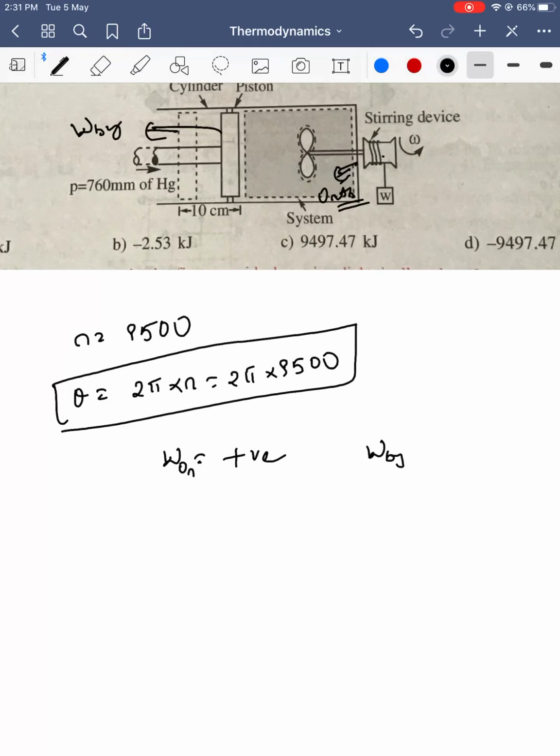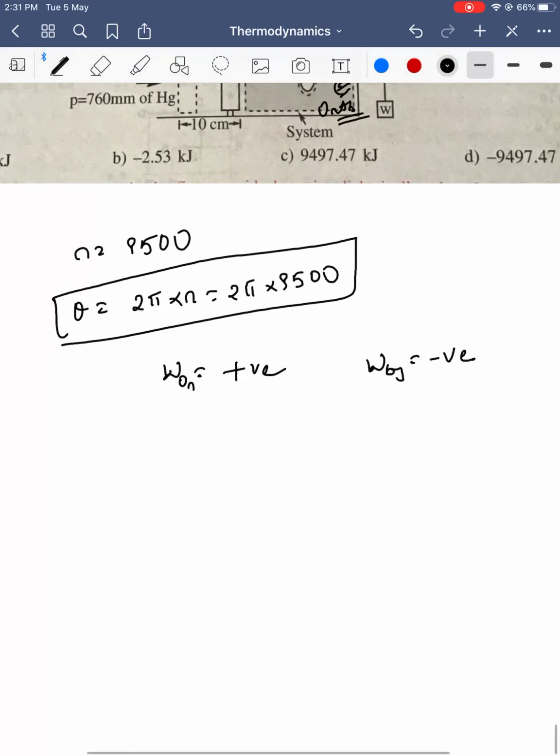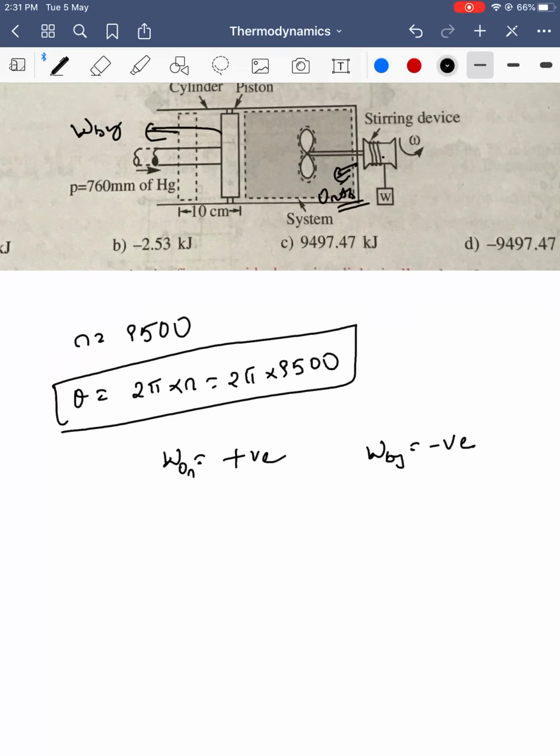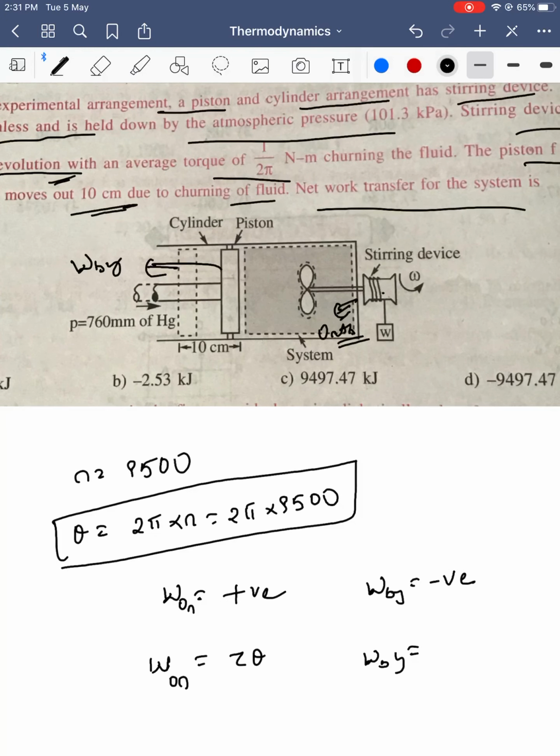Work done by the system is negative. The net work done: if you know the formula for rotational motion, tau into theta is the work done due to rotation, and the work done by the system is pressure into volume.